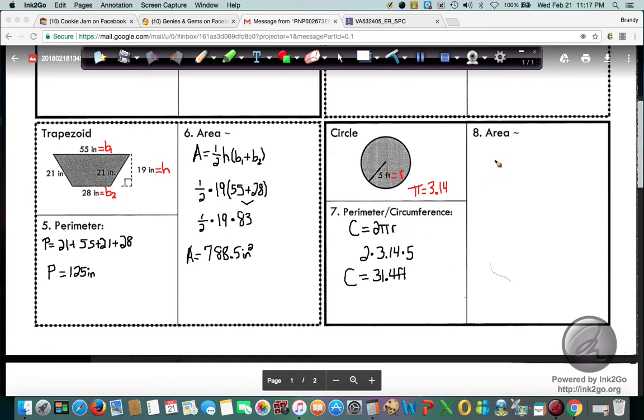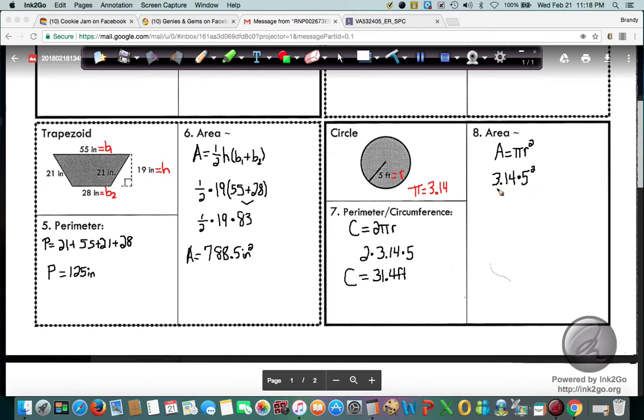Now area, we decided, is going to be pi r squared. Well, we didn't decide. Some mathematician way long ago decided. And that's the formula for area of a circle. We already have everything labeled, so that's easy. Now we just need to plug it in. 3.14 times radius squared, so that's 5 squared. Now please be careful.